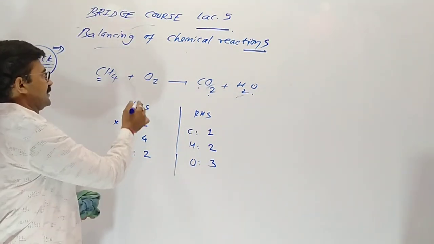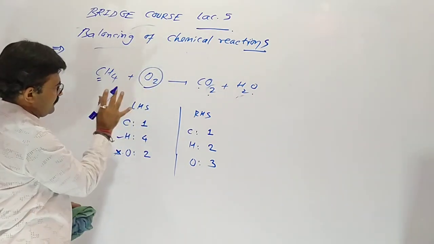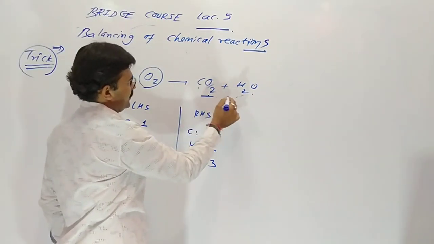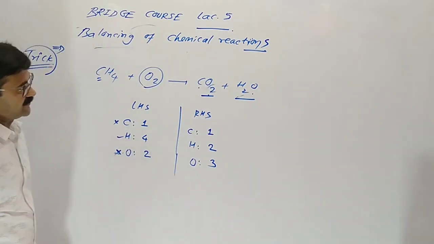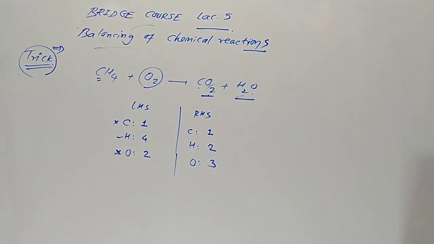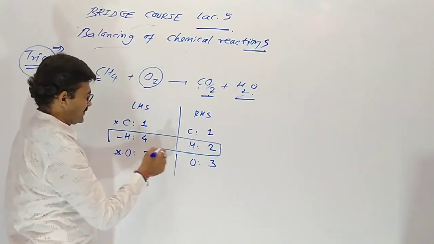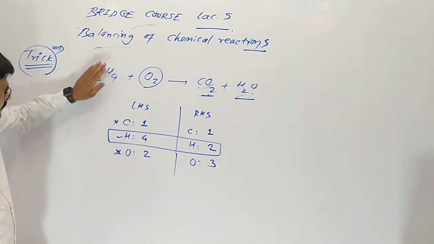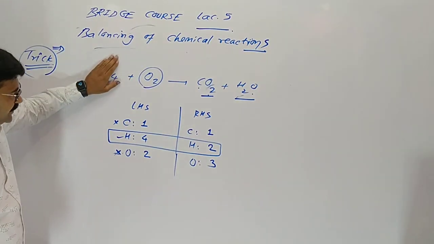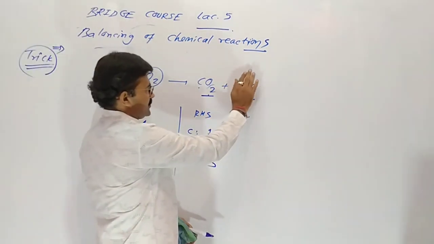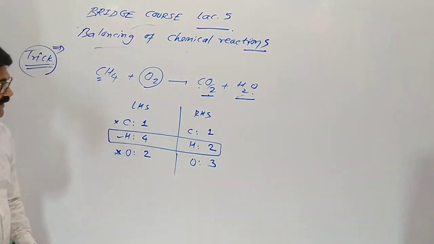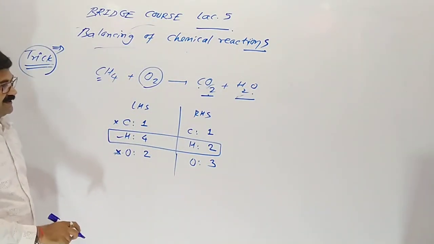On the left hand side oxygen is only in one place, but on the right hand side oxygen is in 2 different places. So it is not convenient for balancing. So we have to start with hydrogen. Why? Hydrogen comes in only one compound on the left hand side, and hydrogen also comes in one compound on the right hand side.